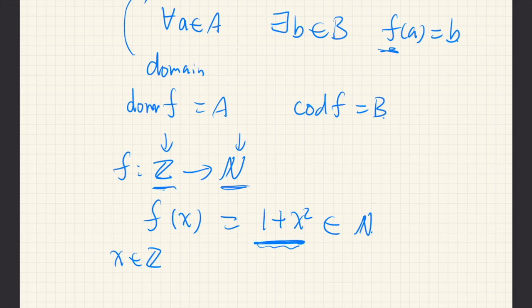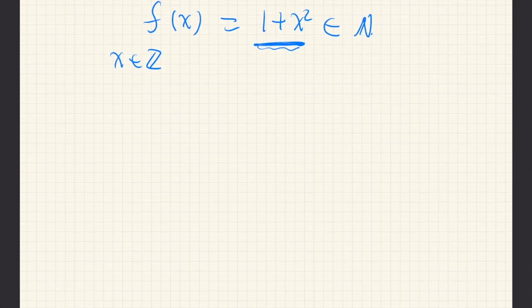For any set, we can define a special map that is called the identity map. This is a very trivial map.